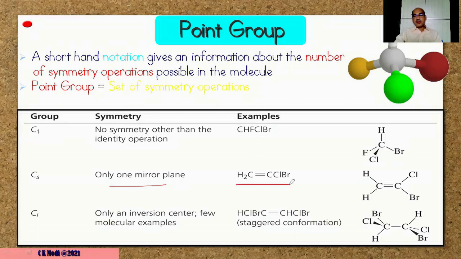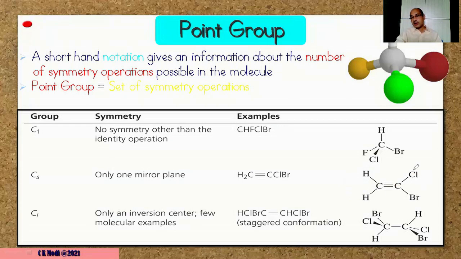Now look at the second molecule. We can check whether any rotation axis is present. If we pass an imaginary line through this molecule and rotate, we will not get an equivalent structure. Okay, so this is the x-axis. If I rotate around 180 degrees, these two hydrogens interchange their positions.